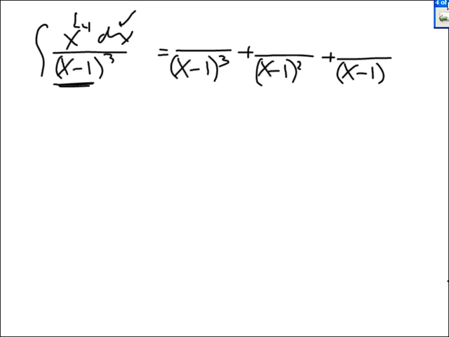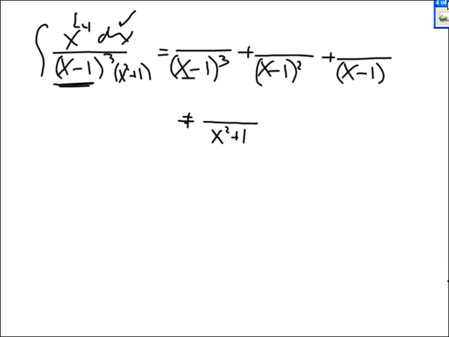That's what you do when you have one factor to the third power. If you also had x squared plus 1 in the bottom, which cannot be factored, you would also have a plus something over x squared plus 1 in the bottom.